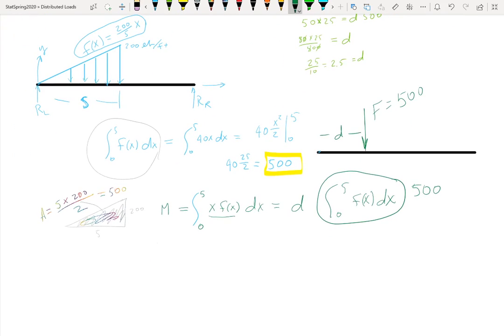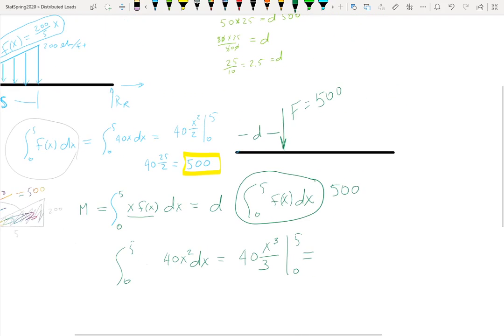So you just carry it out, and what you get, integral 0 to 5 of x f of x. In our particular case, it's 40x dx. Now you might as well get rid of one of the x's and square it. So you got 40 x to the third over 3 evaluated between 0 and 5. And so that's 40 times 5 to the third over 3.